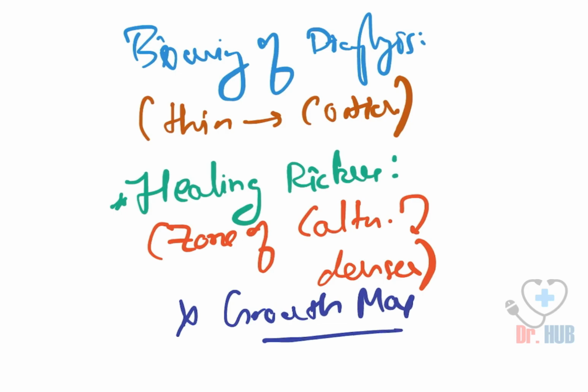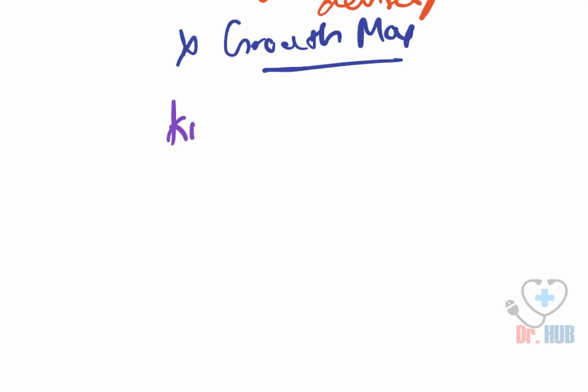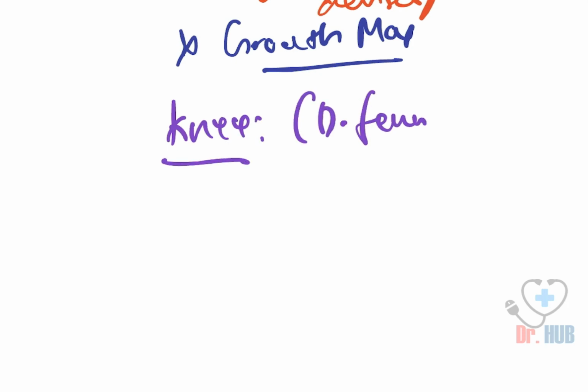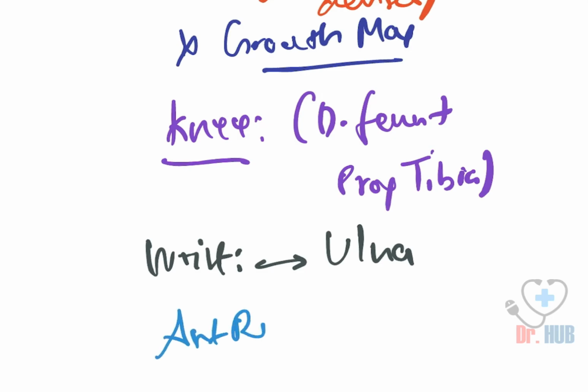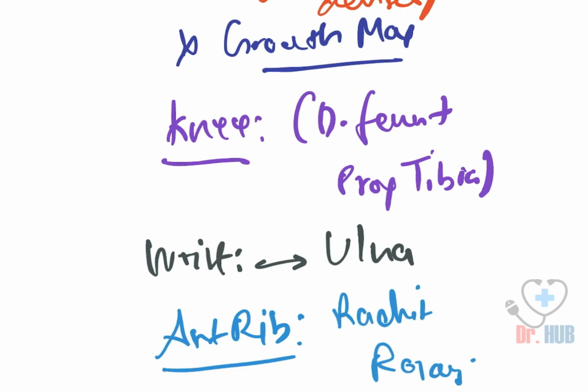Some prominent regions in the body include the knee, that is the distal femur and the proximal tibia. Then there is also the wrist, especially the ulna, and also the anterior ribs. So this is the rachitic rosary.